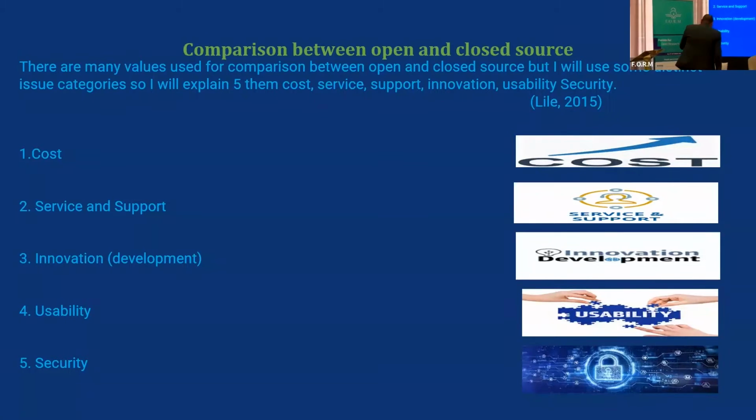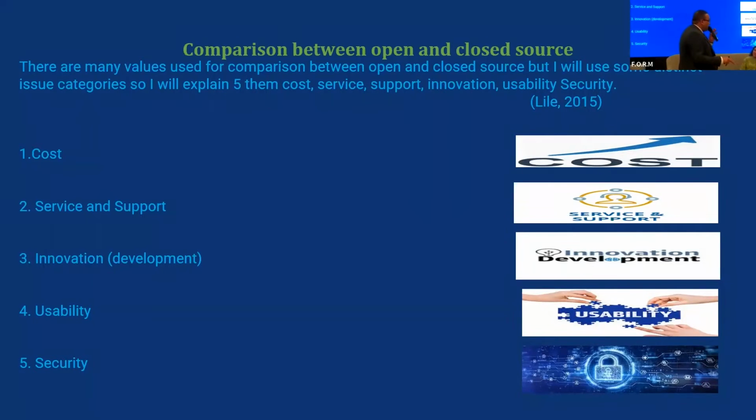Second, service and support. Both kinds of systems give service and support, but I have some ideas I want to share. In the closed system, who gives the support? The installation company, only them. If you install the Symphony system in your library, who will give you support?